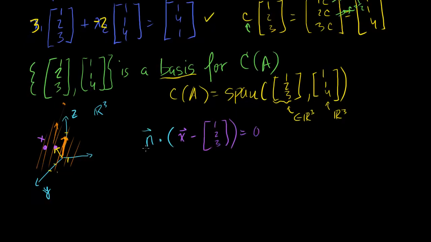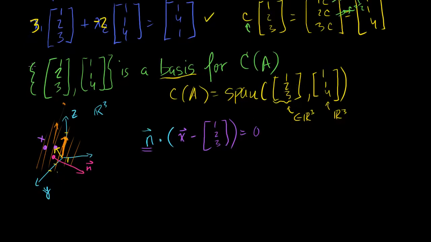But what is a normal vector? How can we find a normal vector to this plane? Let me see if I can draw this in a way that doesn't confuse the issue. If the plane is like that, the normal vector would come out like that. So how can I create a normal vector? Well, we learned that you take the cross product of any two vectors in R3, and the cross product I've only defined so far in R3, and I will get a vector that's normal to both of those vectors.